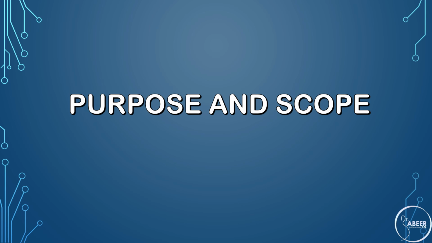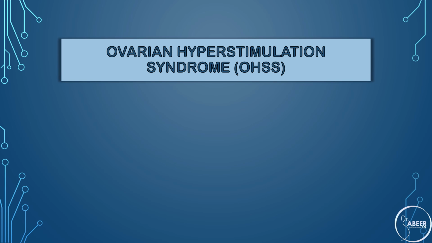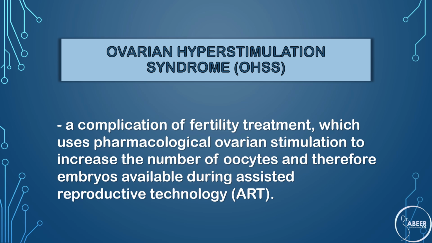Purpose and Scope. Ovarian Hyperstimulation Syndrome, or OHSS, is a complication of fertility treatment which uses pharmacological ovarian stimulation to increase the number of oocytes and therefore embryos available during assisted reproductive technology, or ART.